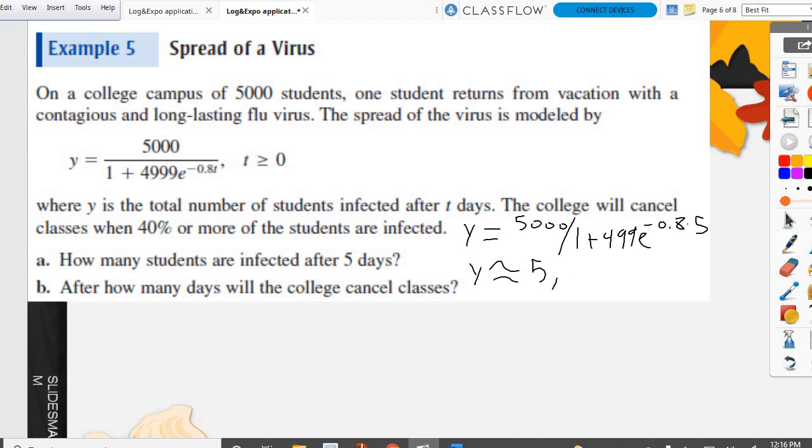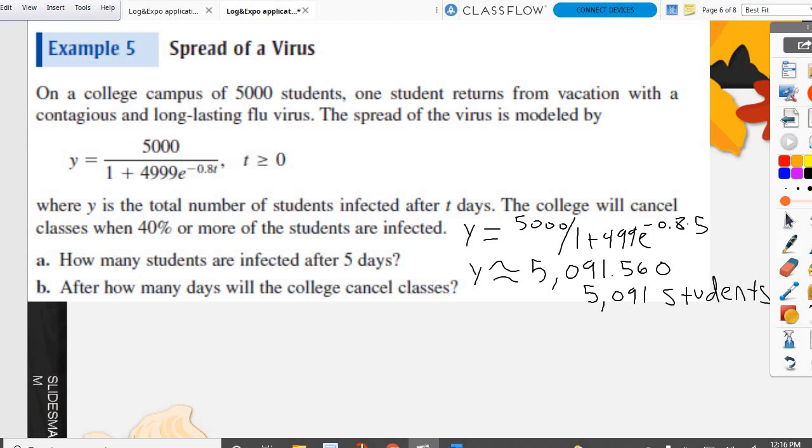That gives 5,091.560, okay, so for us, we would say 5,091 students. Agreed? Were we all okay with how we got that number? T is our time, which in this case is days, so we plug it in, and then you plug it into your calculator. That's it.